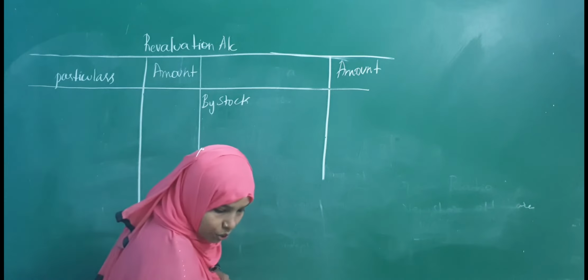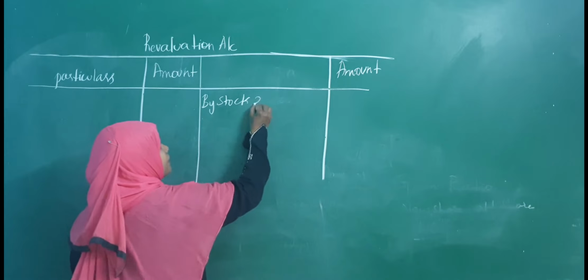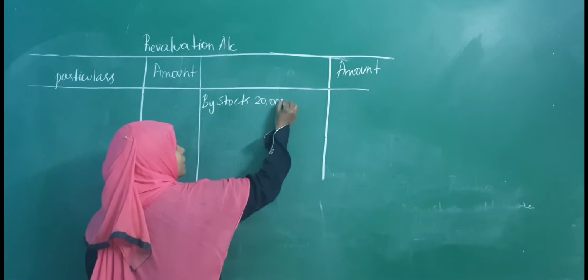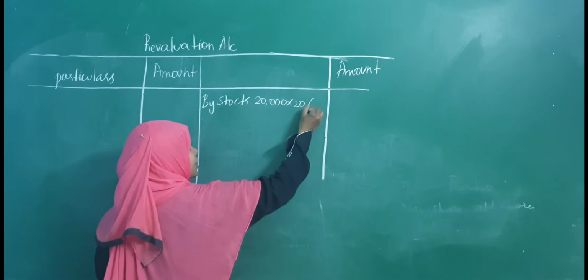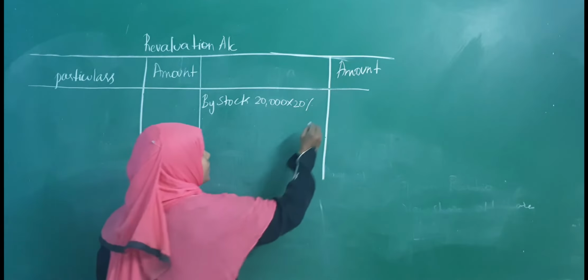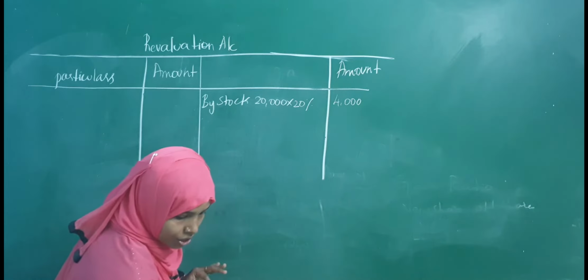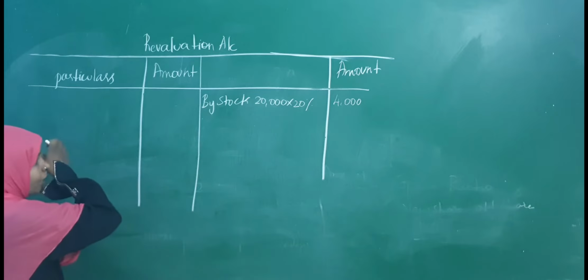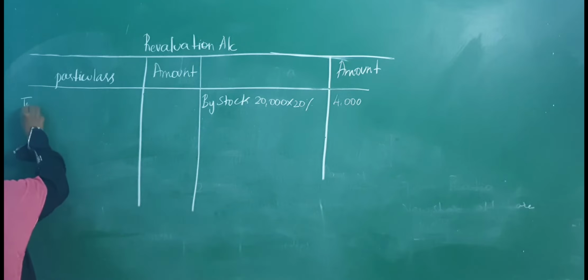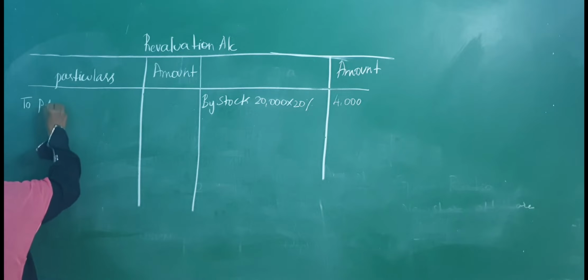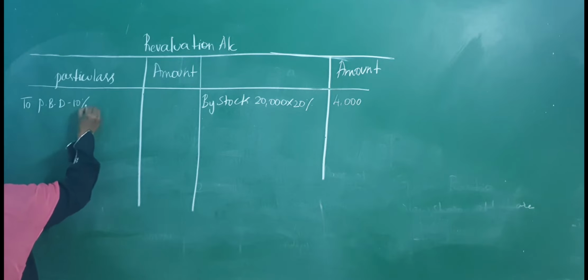The value of the stock is 20,000. On that you have to do 20%. It comes to 4,000. Next, maintain PBD at 10% on debitors.